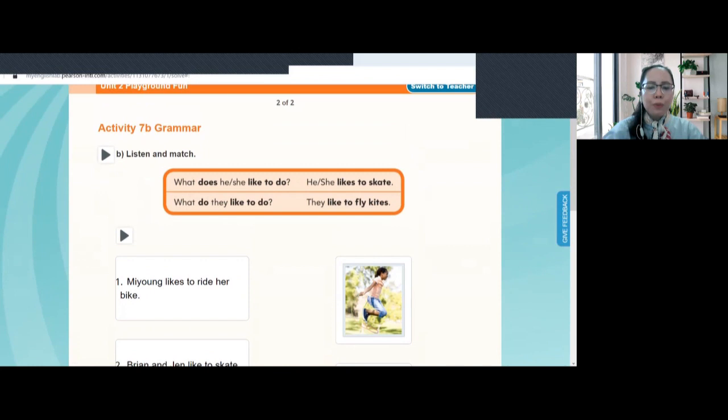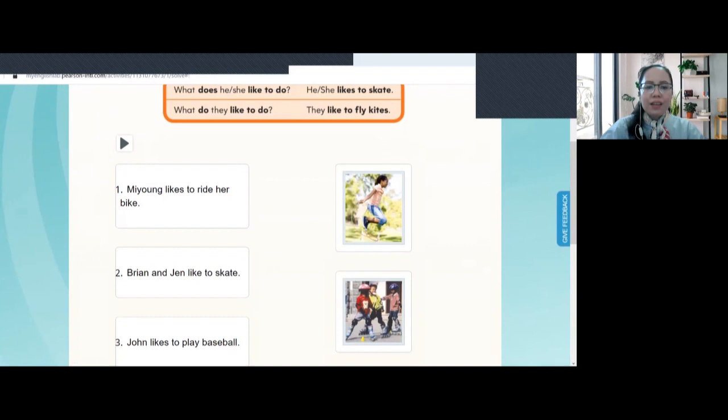In your workbook, you just look at activity 8 before, then you have to write, yeah, the right answers, likes to or like to. Here, I just match the sentence with the pictures on the right side.